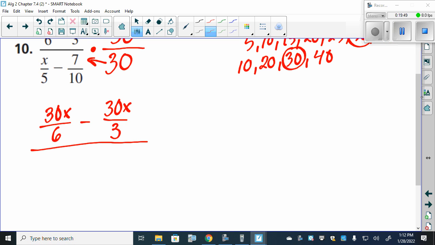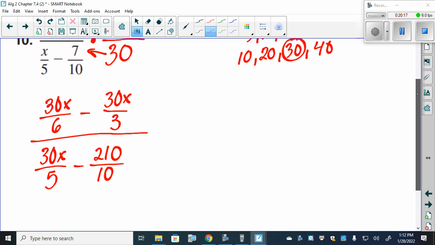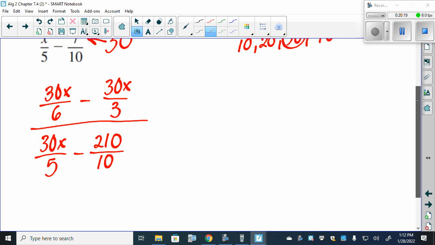On bottom, we're going to have 30x divided by 5 minus, well, 30 times 7 is 210. Well, 7 times 3 is 21. So 7 times 30 should be 210. And we get this here.